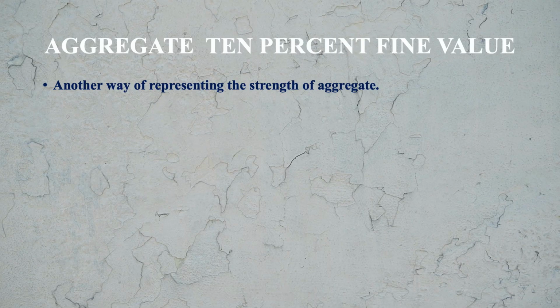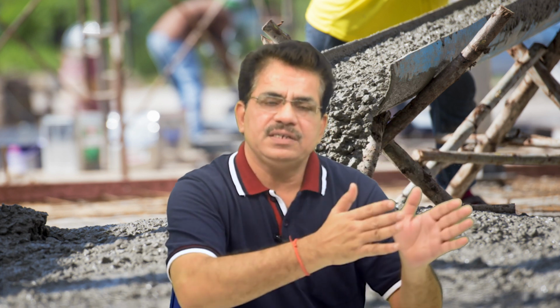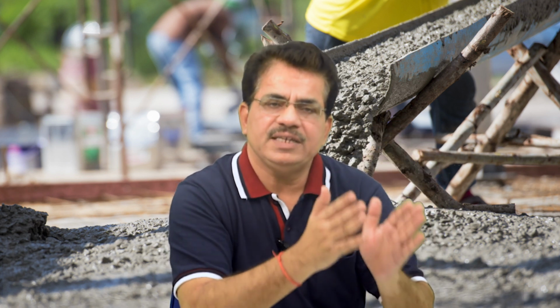Now let us move to the aggregate 10% fine value. This is another way of representing the strength of the aggregate. We first did the test of aggregate crushing value. Now here we will be measuring the strength of aggregate by this test, which is called aggregate 10% fine value.